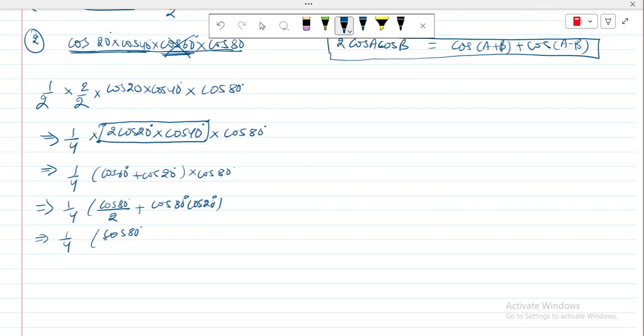Again you can apply the formula 2 cos A cos B. So cos A plus B becomes what? 100, that is 80 plus 20, plus cos A minus B becomes cos 60, that is 80 minus 20 divided by 2. So cos 60 is 1 by 2, so it becomes 1 by 4 again.